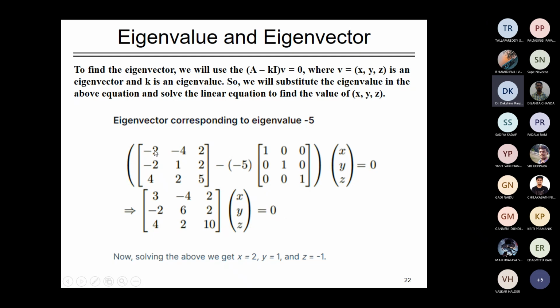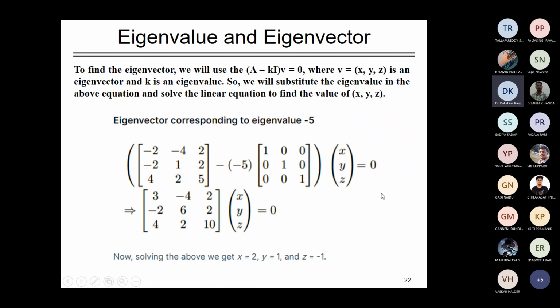First we will write the given 3 by 3 feature matrix, then we will put the eigenvalue in place of k, and then we will write the identity matrix. This whole thing will be multiplied with the one-dimensional vector x, y, z.